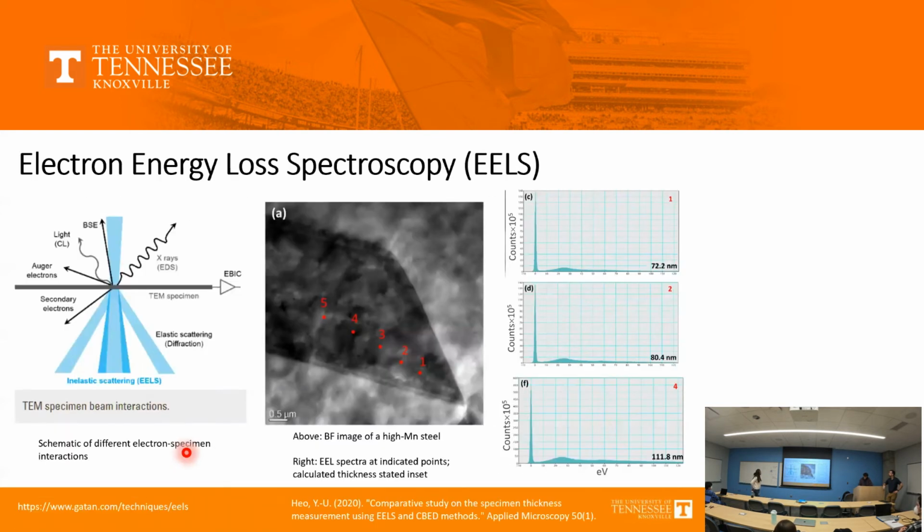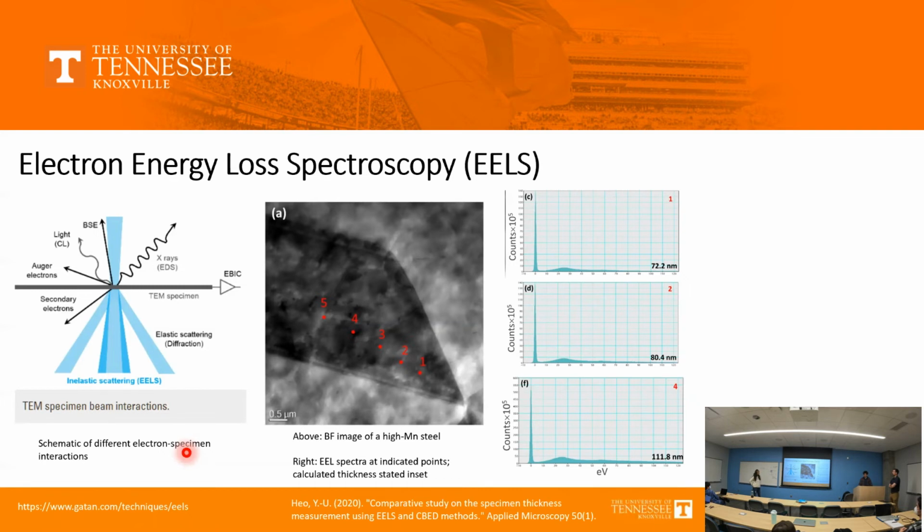So here's an EELS slide that Ryan's going to talk about, except it's in the wrong place. No problem. It's just as good here as anywhere. So EELS, electron energy loss spectroscopy. Electrons can interact elastically with your sample, scattering, or they can interact inelastically, losing energy as they pass through.